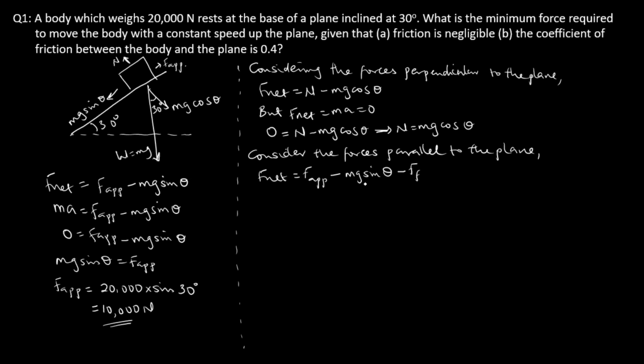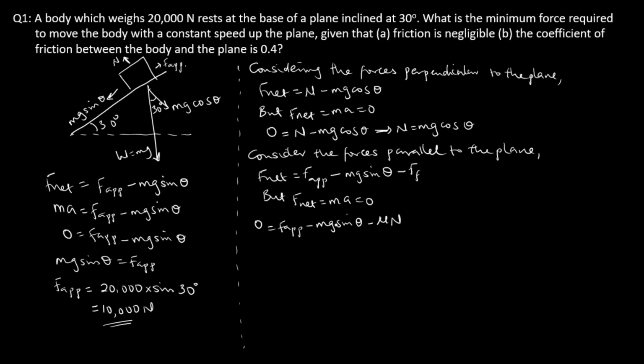Now don't forget again, we're told that the body travels at constant speed, which implies that our net force is equal to 0. Why? The speed is constant, and as such there is no acceleration, which makes our net force, which is the product of mass and acceleration, equal to 0. As such, we can write that 0 equals applied force minus mg sine theta minus our frictional force, which is given by mu N, where mu is called the coefficient of friction.